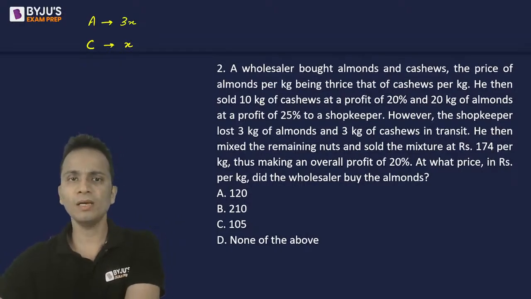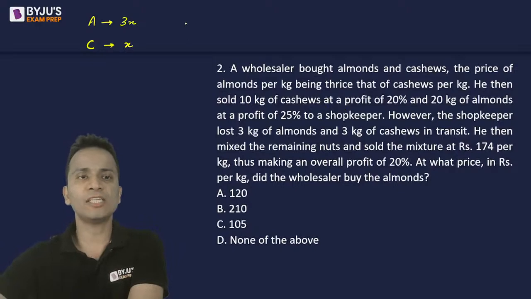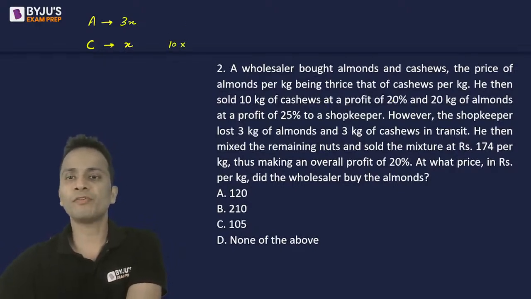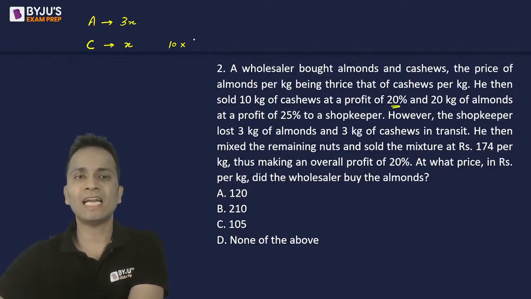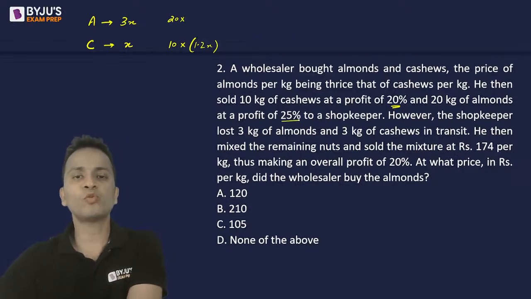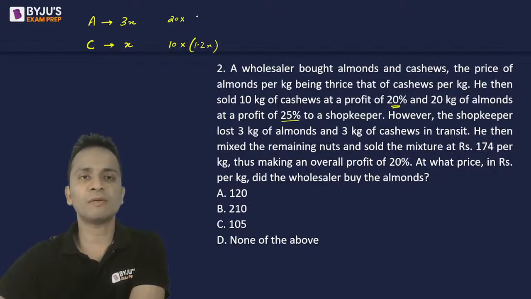Now he sold 10 kgs of cashews at a profit of 20 percent, that means at 1.2x, and 20 kgs of almonds at a profit of 25%, that means 1.25 multiplied by 3x.